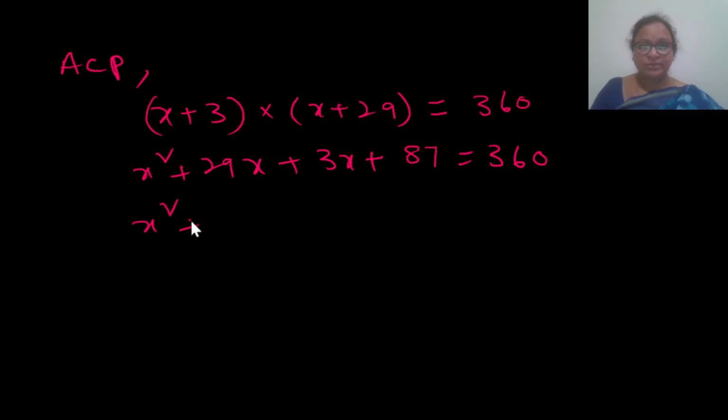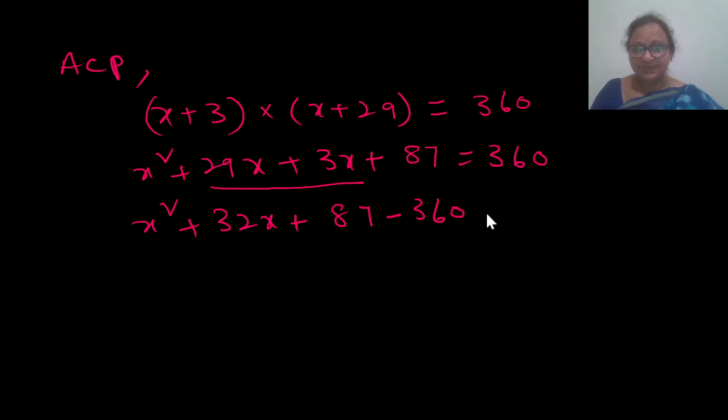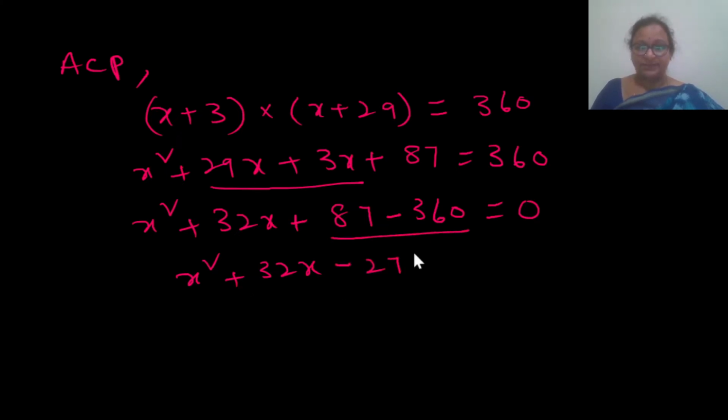So x square plus, these two are like terms, 32x plus 87 minus 360 is equal to 0. So x square plus 32x minus 273 is equal to 0 is the required quadratic equation.